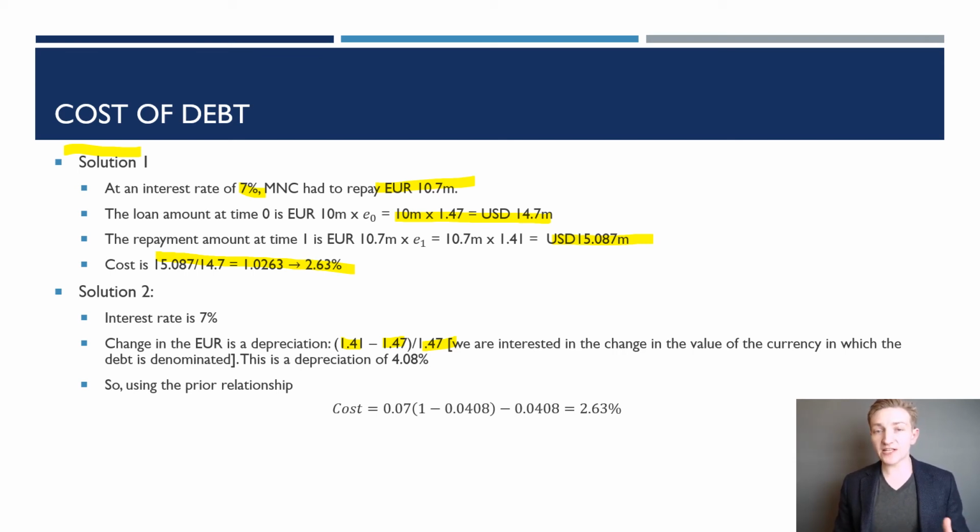So we have 7% multiplied by 1 minus 4.08%, which is the depreciation of the euro, and then minus 4.08%, again the depreciation of the euro. Our effective cost, again, is 2.63%. In either case, the debt ends up being cheaper because the euro has depreciated, meaning we need to take into account both the interest rate effect of our debt and the exchange rate effect, and the impact that has on our cost of debt in an ex post sense.